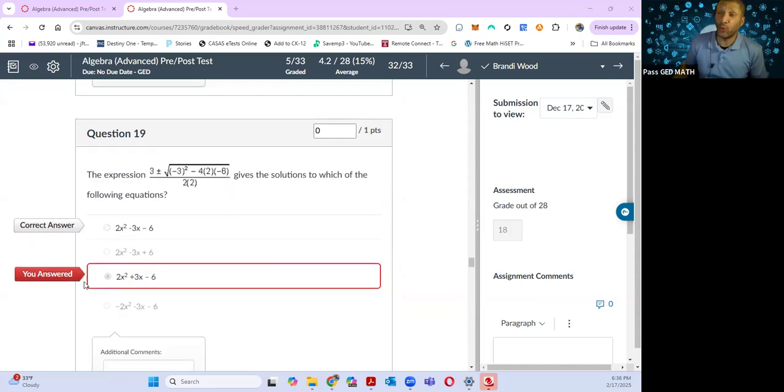Now, this one I pulled from a past exam, and most people get this incorrect. This is one of the easiest problems on the exam. Under your formula sheet, they give you the quadratic formula: minus b plus or minus the square root of b squared minus 4ac, all over 2a.